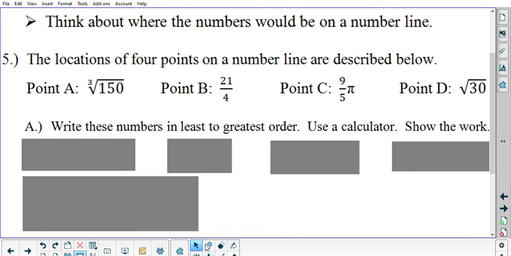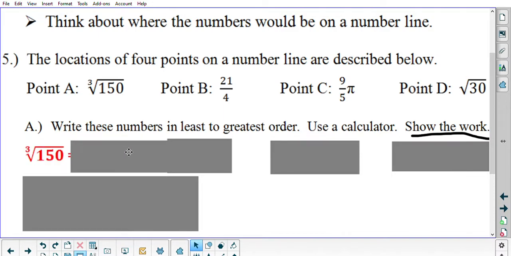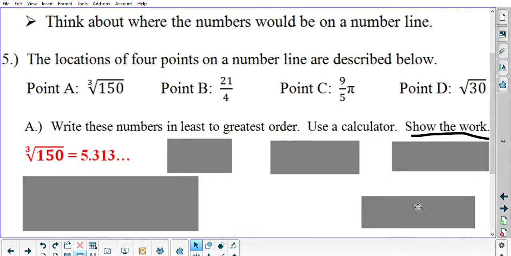Okay, I hope you've done part A on your own. It did say to show the work, which means you better tell me what the decimal values are when you use your calculator for each of these numbers. All right, here I am going over the work. If you didn't do this yet, you better do it now. Hit pause if you need to. Here I go. The cube root of 150, which is point A, that would equal 5.313, yada, yada, yada.